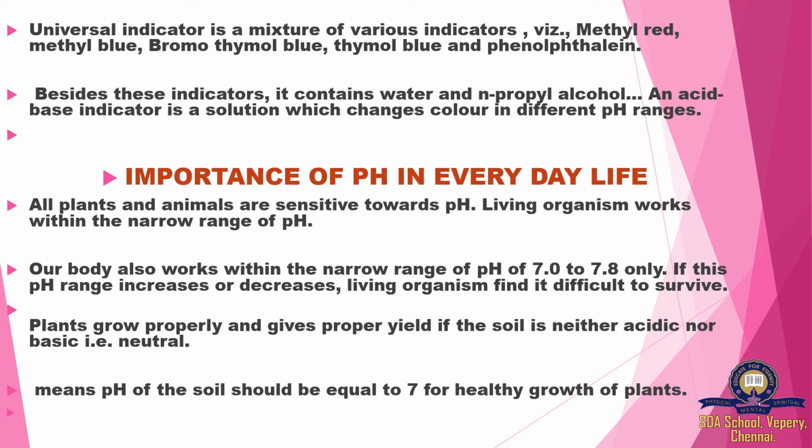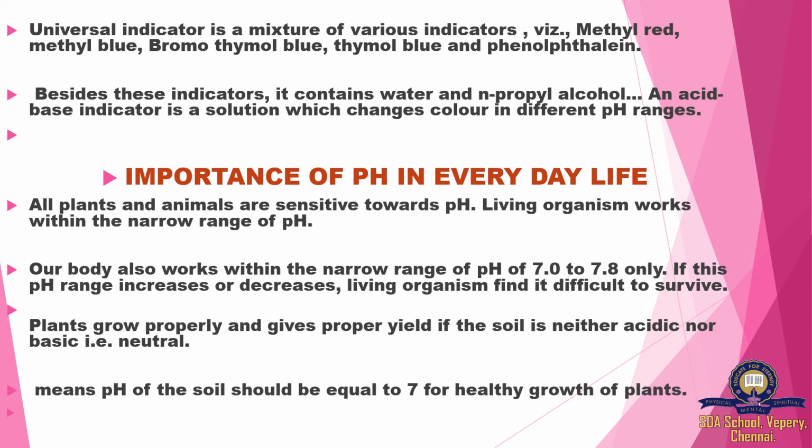Yes, pH plays a very important role in our daily life. All plants and animals are sensitive to pH. Living organisms work within a narrow range of pH. Our body also works within the narrow pH range of 7 to 7.8.